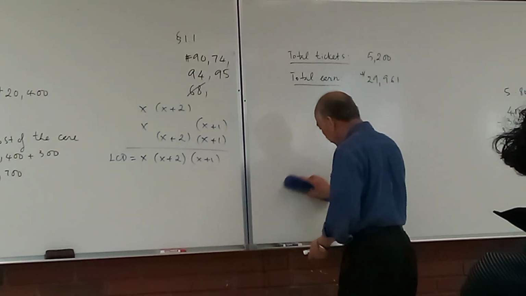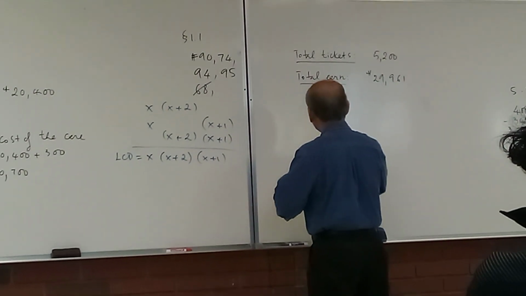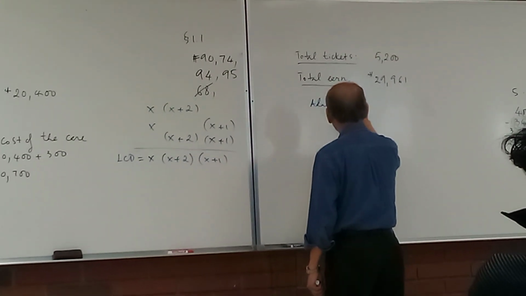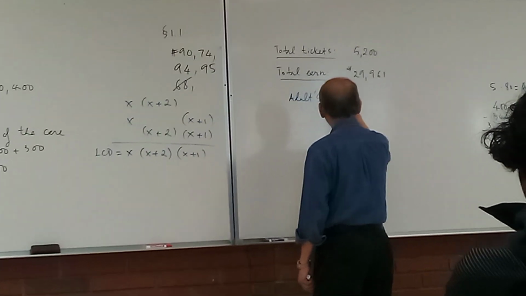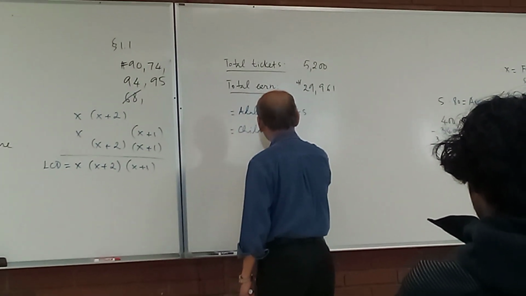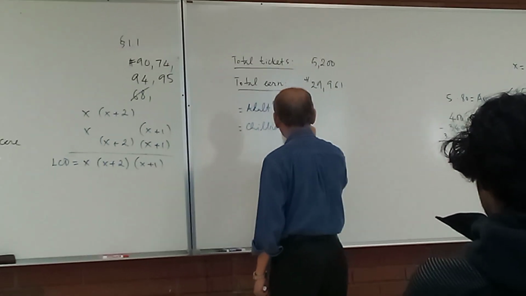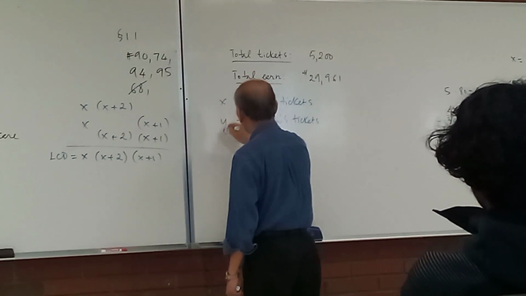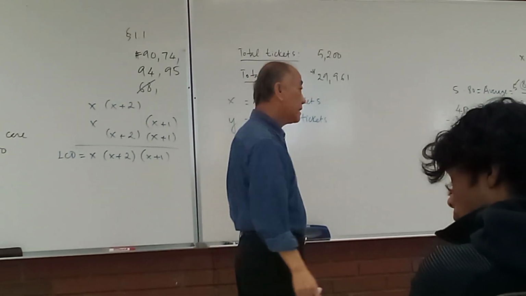Pick two variables. Let's say the adult ticket is X and this is the children's ticket, Y. Whatever you pick, A, B, A, C, doesn't matter.